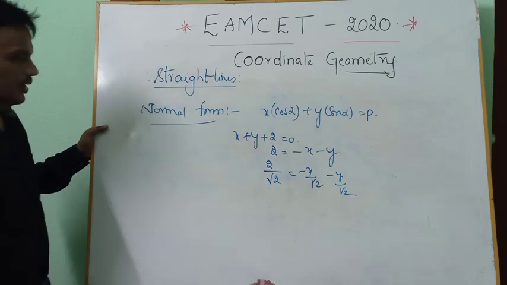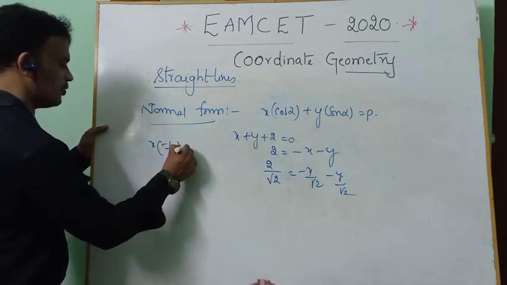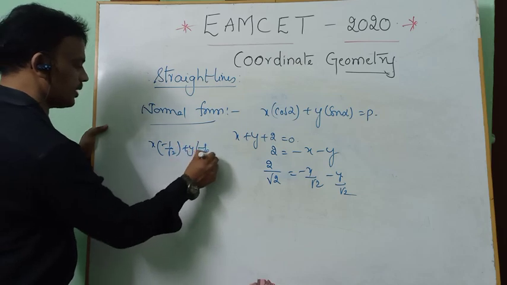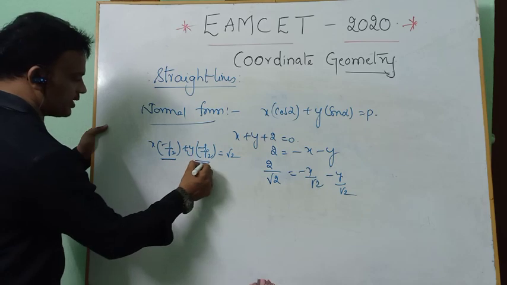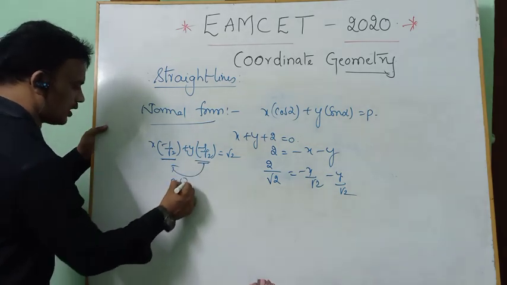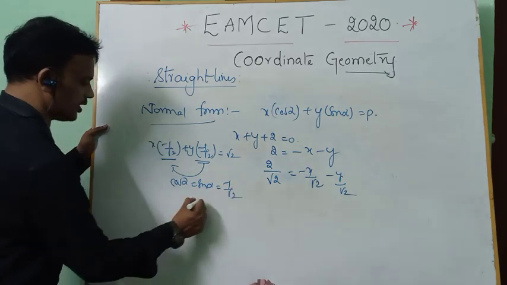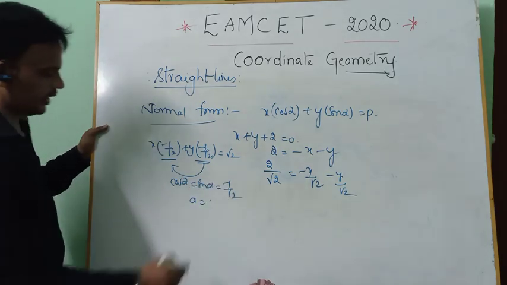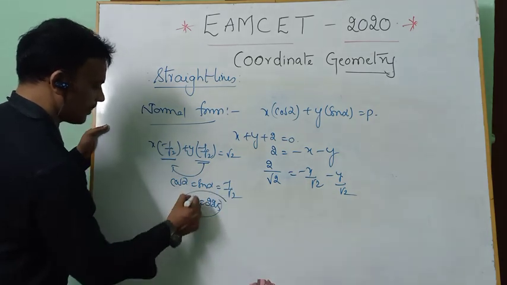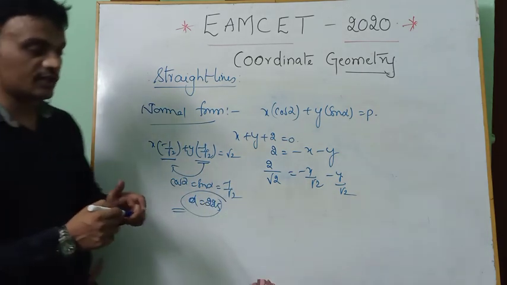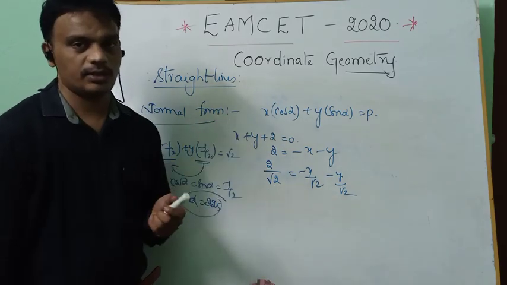You got the normal form: x into minus 1 by root 2 plus y into minus 1 by root 2 equals root 2. That is x cos alpha plus y sin alpha, where cos alpha and sin alpha are both minus 1 by root 2. That means alpha is in the third quadrant, 225 degrees. Like this they may ask about transforming into normal form, so please focus on this concept.